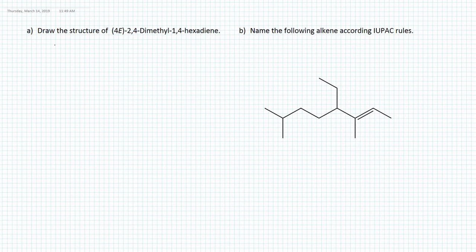In the first part it asks us to draw this molecule, and let's look at this molecule. This is hexadiene, so it's a dialkene and it is a hexane, so we have to draw a skeletal structure with 6 carbons. 1, 2, let's draw better.